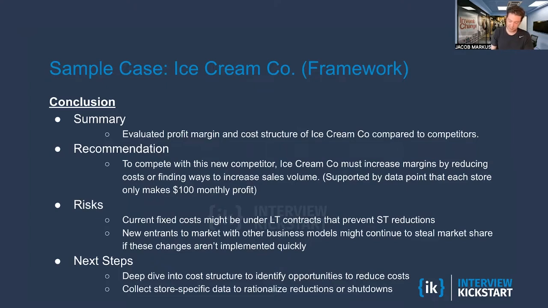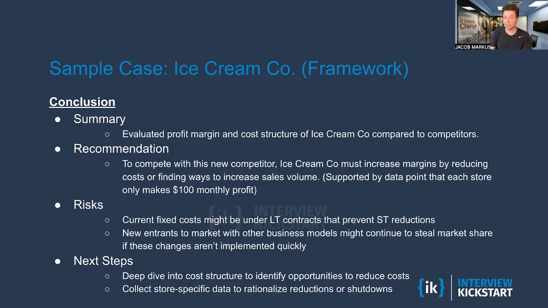So next steps, again, always helpful to call out. Let's deep dive the cost structure, see what is controllable, which costs we can reduce and what those opportunities are. And let's collect store-specific data, again to understand and justify which locations we should potentially shut down. So again, that's shooting for about a minute or 2 in the summary.